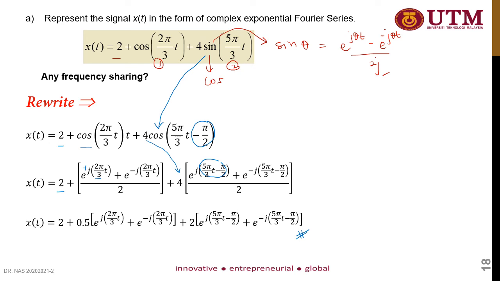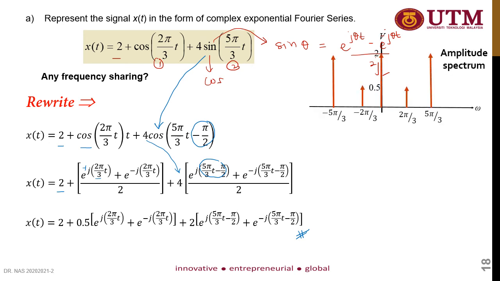So now let's plot the spectrum. Okay, let's start with the first spectrum, amplitude spectrum. So you have 0 here, so the magnitude is 2. And then you have the first frequency 2 pi over 3, and you have negative 2 pi over 3.